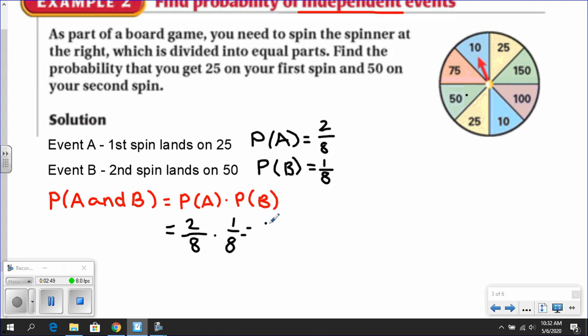That's going to equal 2 over 64. So I would accept that as an answer. Or if you want to simplify this, 1 over 32 is also an answer.